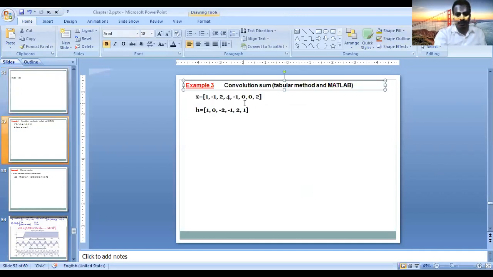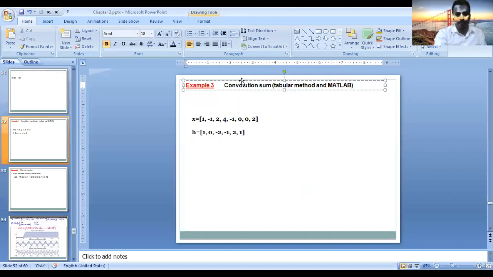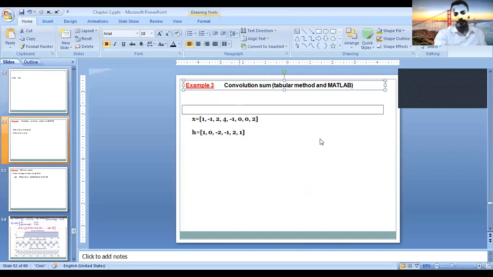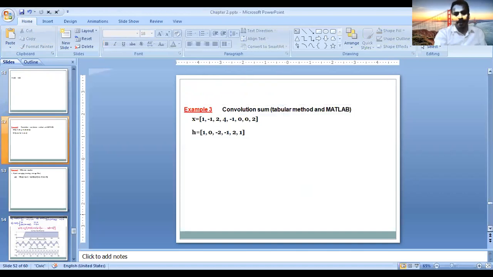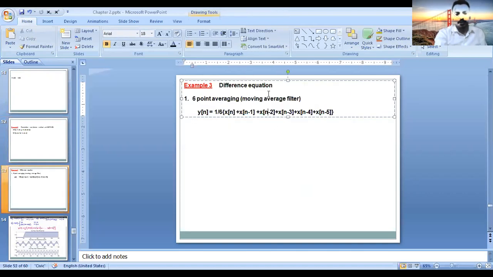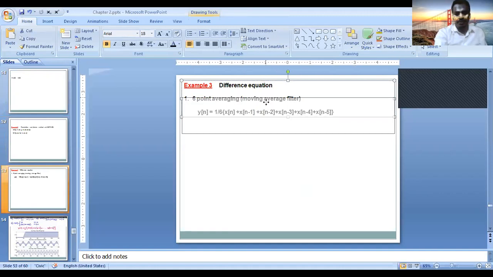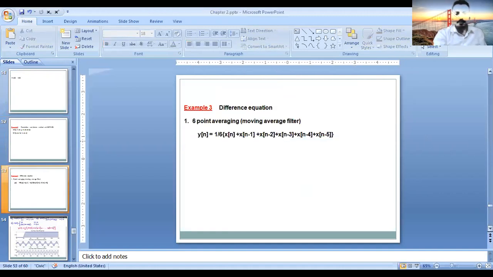Example 3, we are going to see convolution sum. And example 4 will be from difference equation. So we'll see different examples today.